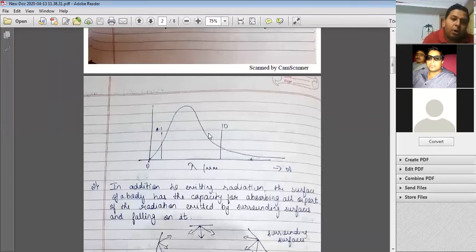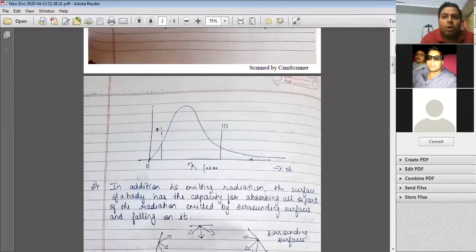So for all the wavelengths, I'll be having the emission coming out. But when I have a limit from 0.1 to 10, most of the area below this curve comes under 0.1 to 10 microns.